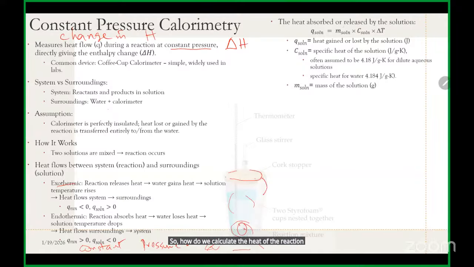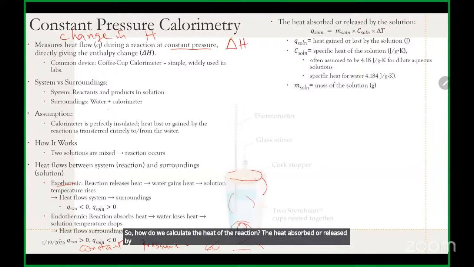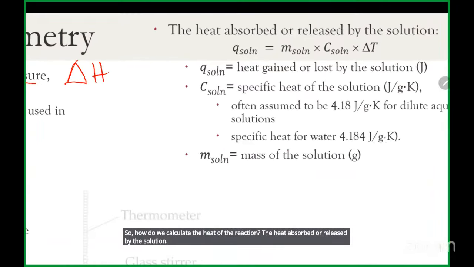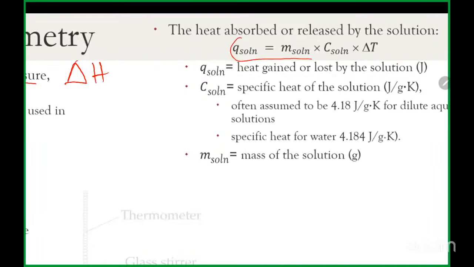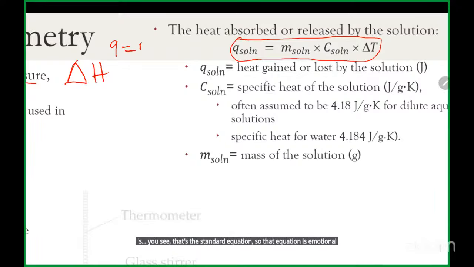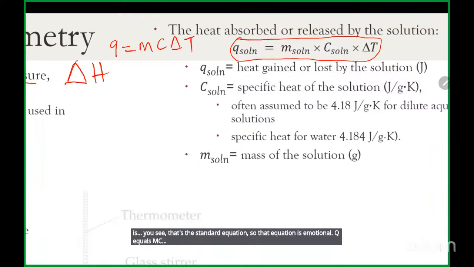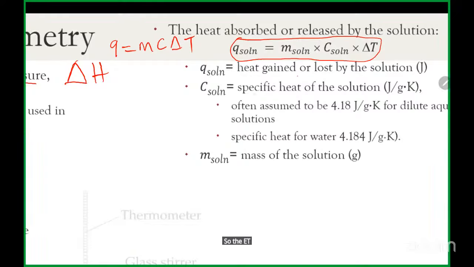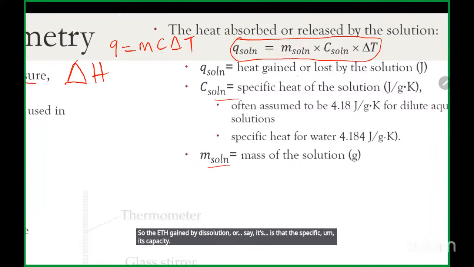The heat absorbed or released by the solution is, that's the standard equation. That equation is a must know. Q equals m c delta T. So the heat gained by the solution, where c is the specific heat capacity and m is the mass of the solution.